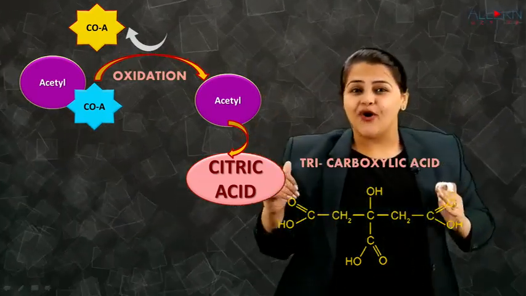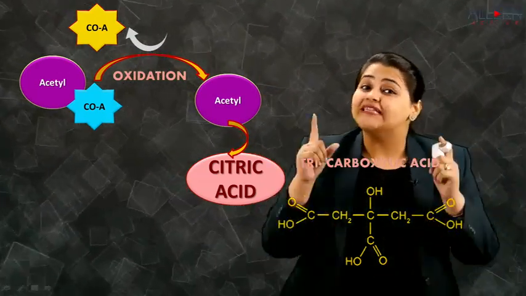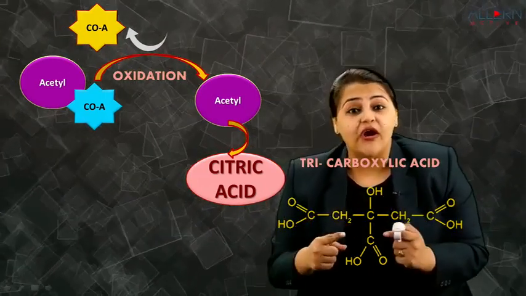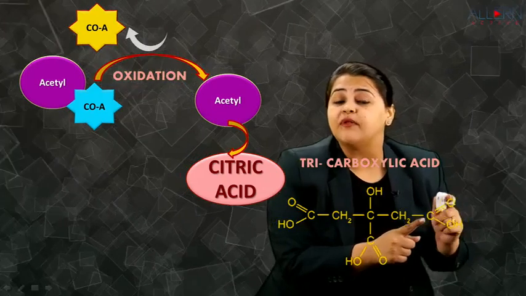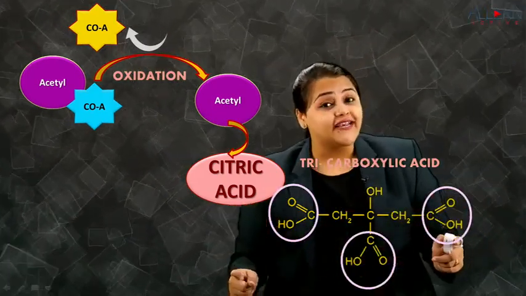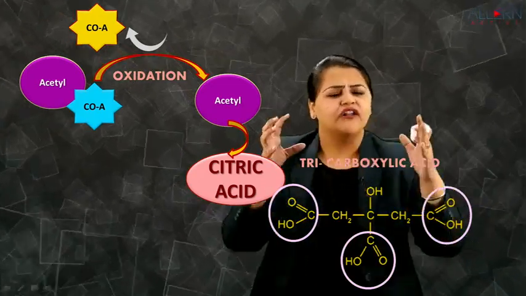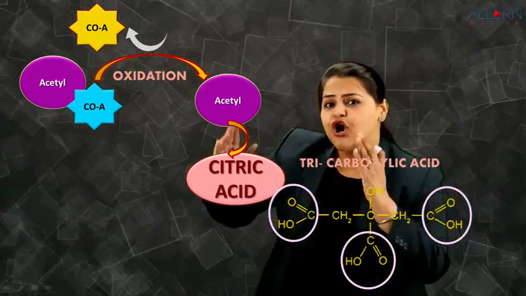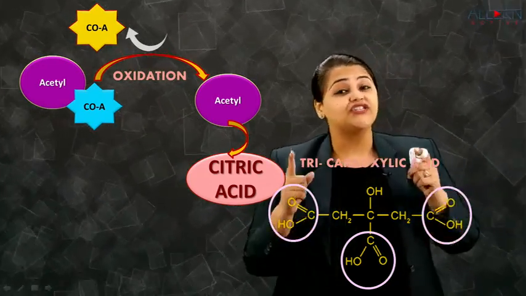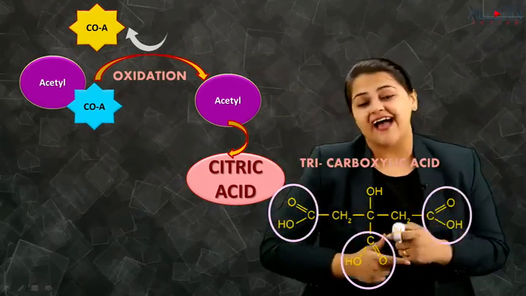Just look at the figure. You will find C double bond O, OH, three times. There are 3 carboxylic acid groups in the entire molecular structure of citric acid, and that is why it is called tricarboxylic acid.